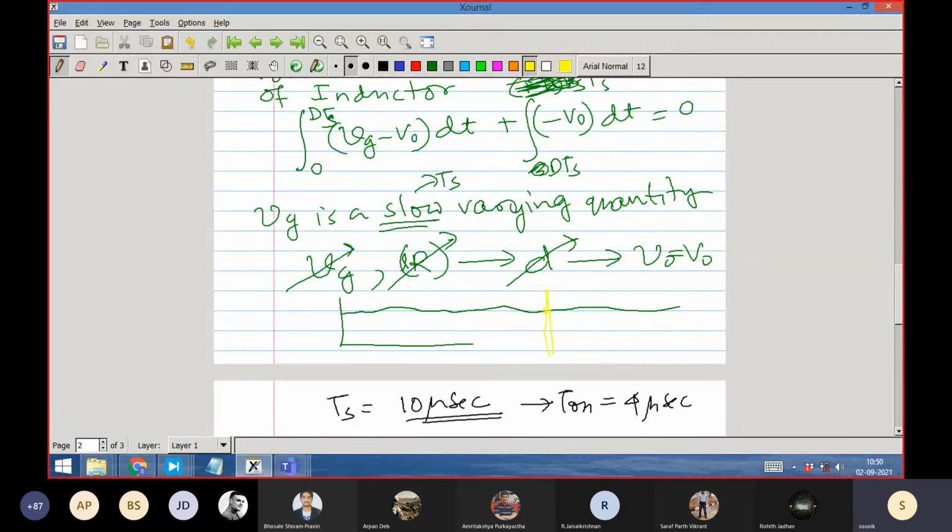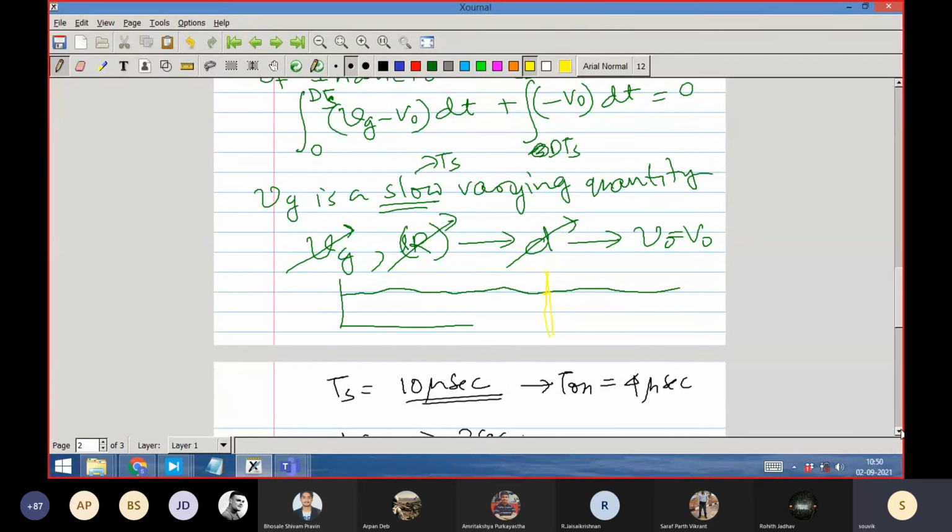During the on to off transition there could be losses, and therefore there is a limitation on going towards a very high switching frequency. So that is the issue. I hope you have got the idea.